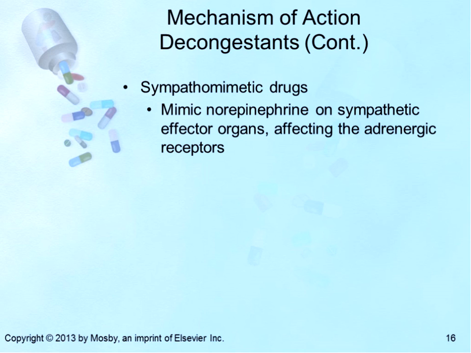In the sympathetic nervous system, adrenergic effector cells contain two distinct receptors, the alpha and beta receptors. Sympathomimetic drugs mimic the action of norepinephrine on sympathetic effector organs, thereby affecting the adrenergic receptors.